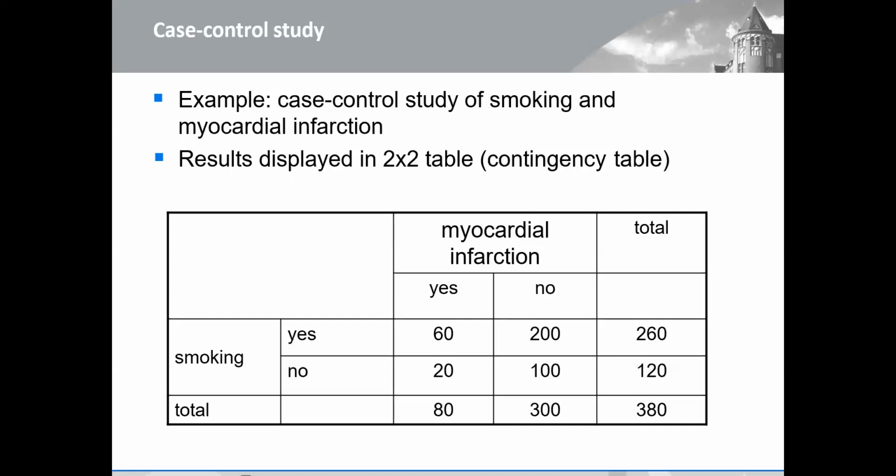In a cohort study, we assess our study participants based on exposure. Then we follow up, either retrospectively or prospectively, to see if they develop the outcome.